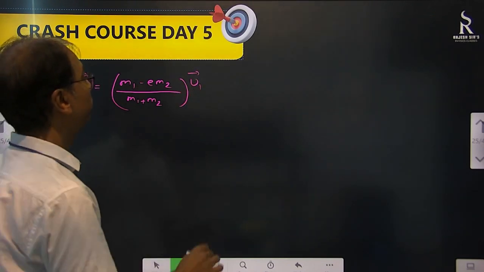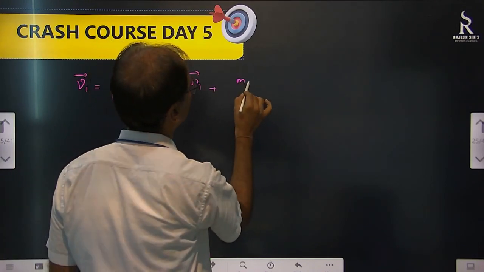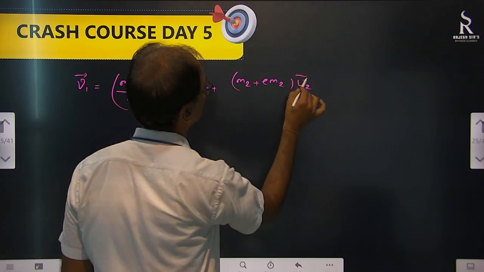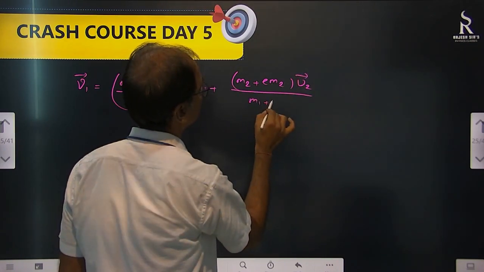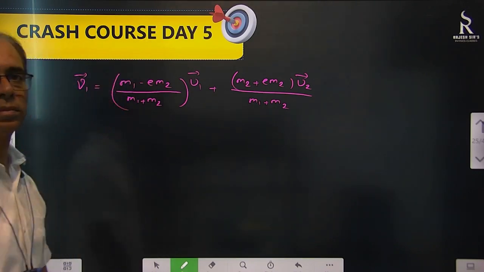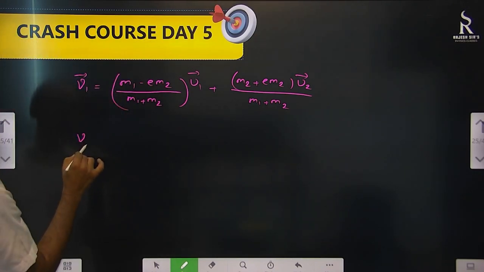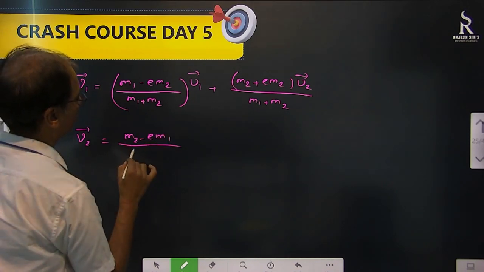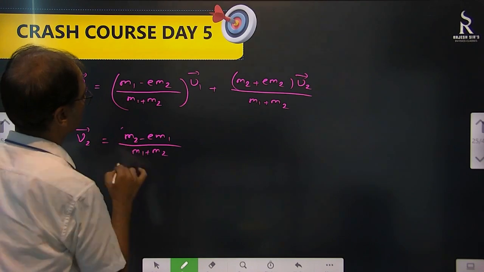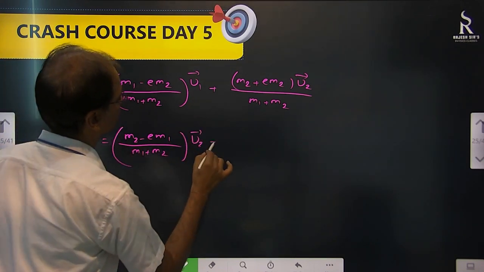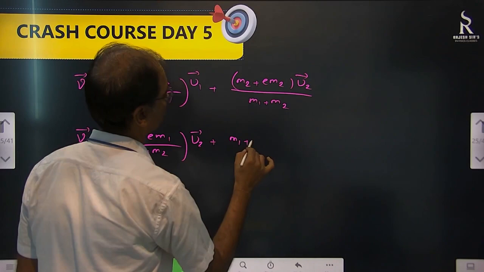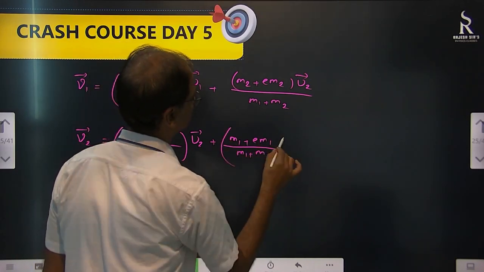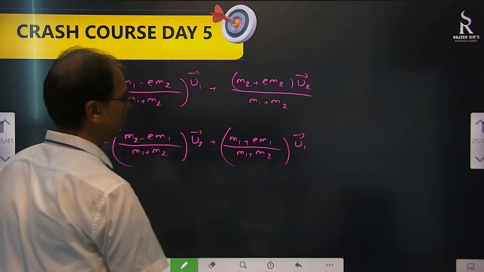Then 2 m2, now write m2 plus e m2 to u2 by m1 plus m2. Then V2, same way: m2 minus e m1 by m1 plus m2 into u2, plus m1 plus e m1 by m1 plus m2 into u1. That's all. Apply this formula.